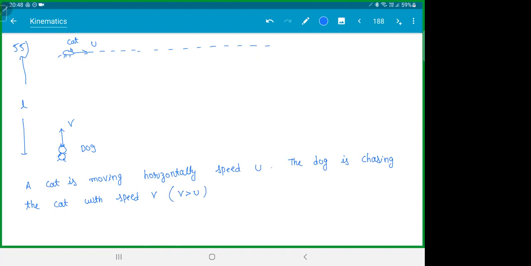So the dog's speed is greater than the cat's speed, such that its velocity vector is always towards the cat. First question: find the time when the dog catches the cat.